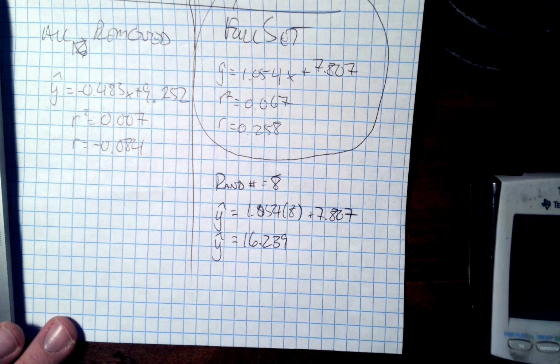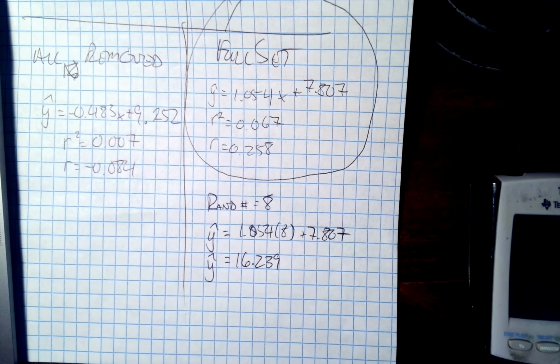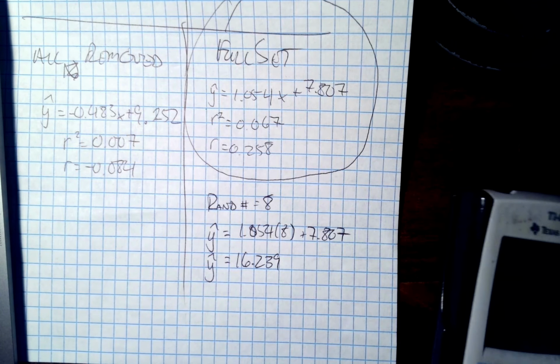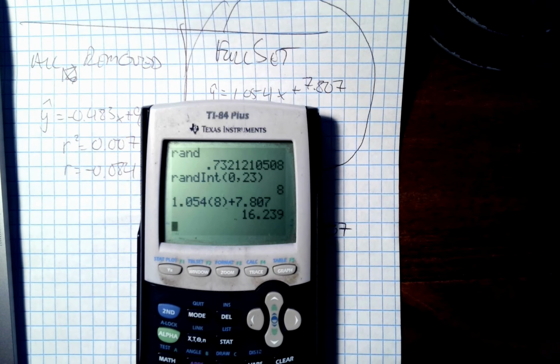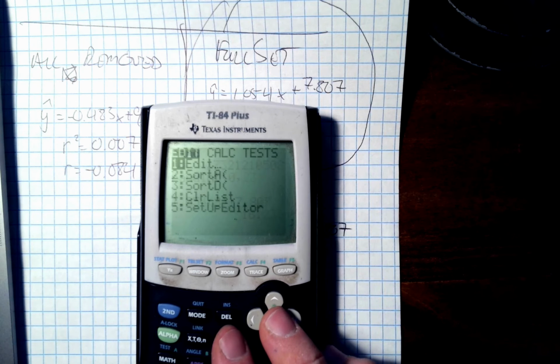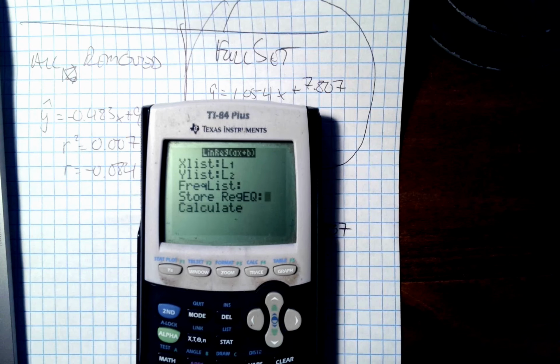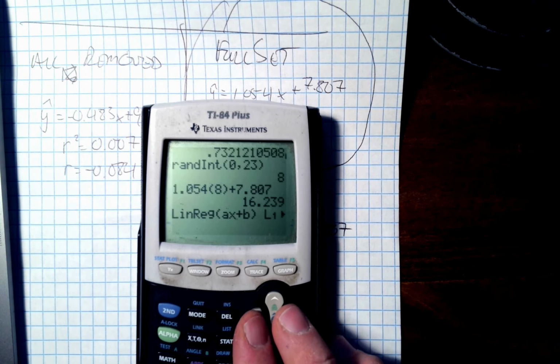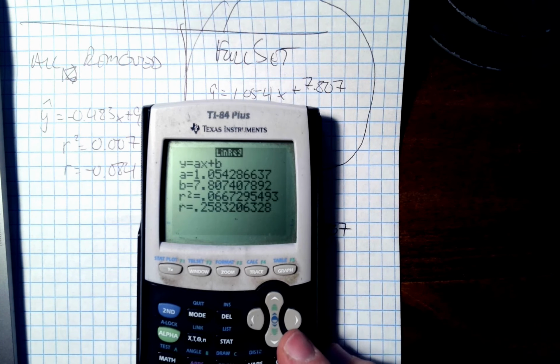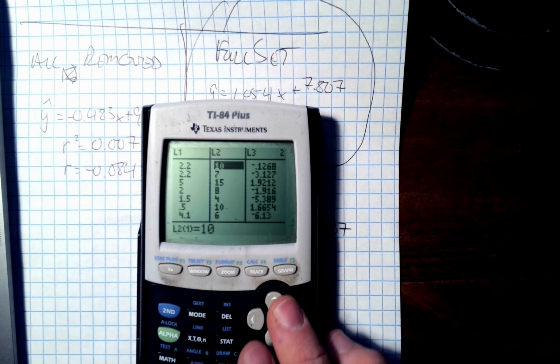And now we get to go add that to the write-up. Oh, I almost forgot to get the new residual plot. Remember the new residual plot? Well, I ended up using the full data set. So let's run my regression again for the full data set, get the real residual plot, stat edit.